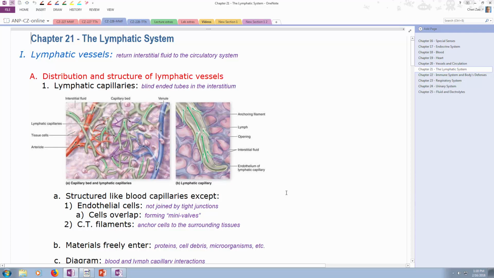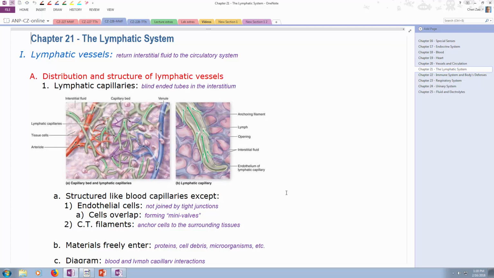material for our upcoming exam, the lymphatic system. So let's take a look at the lymphatic system for a few moments and see how it plays into our capillary dynamic story. Lymphatic vessels. We have actually little itty-bitty lymphatic capillaries that are interwoven in our capillary bed, and they are designed to return our interstitial fluid that is left over into the circulatory system.